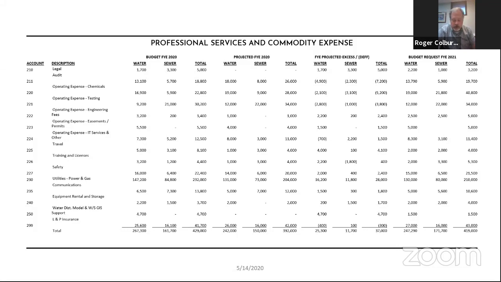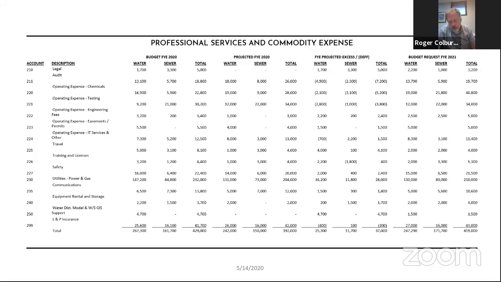This next year's projection, we just try to keep it moderately within that range using just a small inflation factor. So our total request on the water side looks like it's around 247,000, sewer side 172,000 plus or minus, and totaling up at about 419,000 compared to the projected 392.